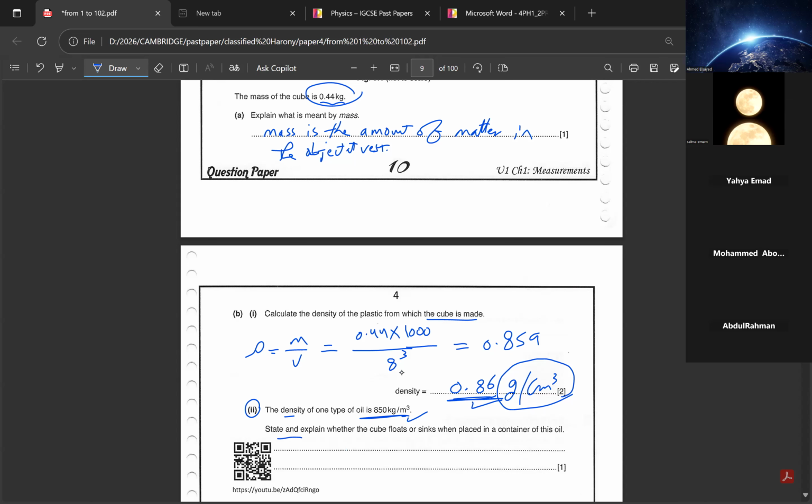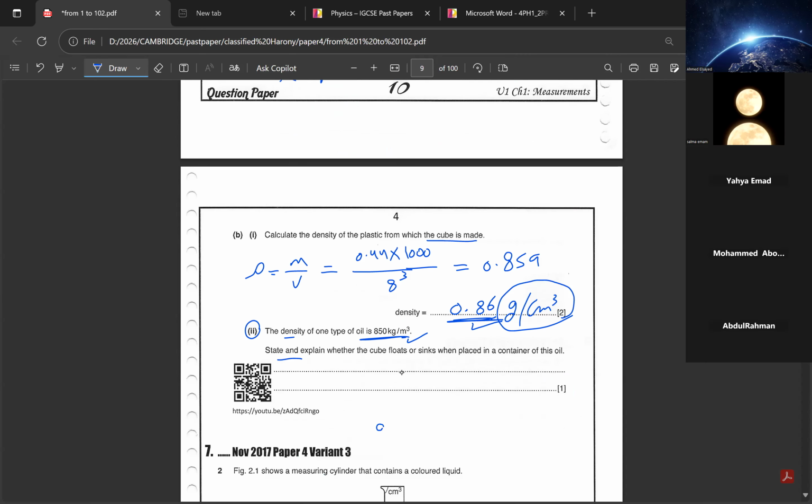No. I said once only, we won't do it in details again, Yahya. I said again, from gram per centimeter cube to kilogram per meter cube multiply 1000. If you want to do the opposite, divide by 1000. Once only, we won't do it in details. Okay, what is your decision? 850 divided.